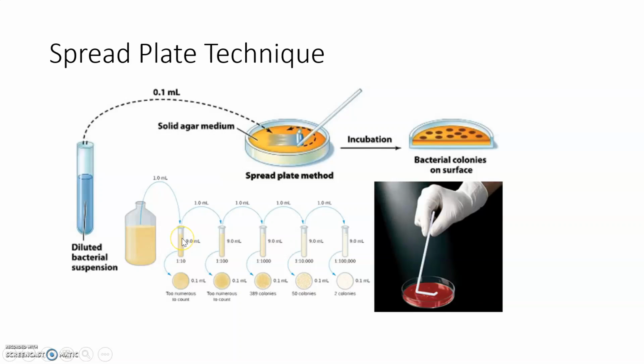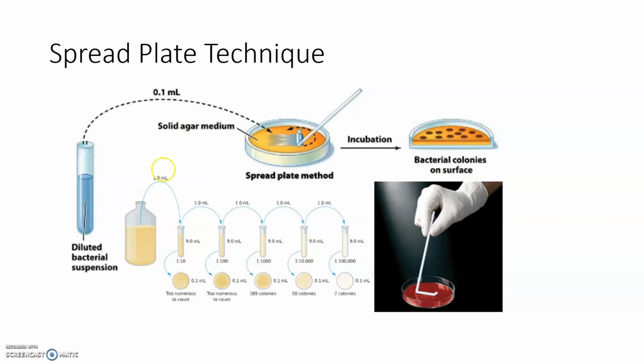In this method, from each dilution we add a drop. I think 0.1 ml is better. This picture is the same as the previous picture of the diluted bacterial suspension. We are adding 0.1 ml. If the concentration or the volume of bacteria is too high, we can't obtain any isolated colony.